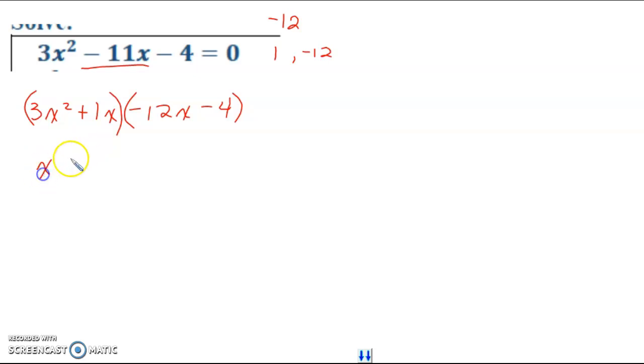These share an x, so that'd be x times 3x plus 1, and these share a -4. I would go in -4 times 3x plus 1. I have my common term, 3x plus 1.